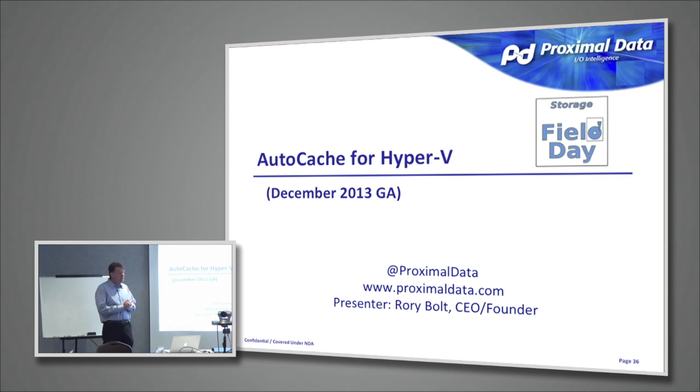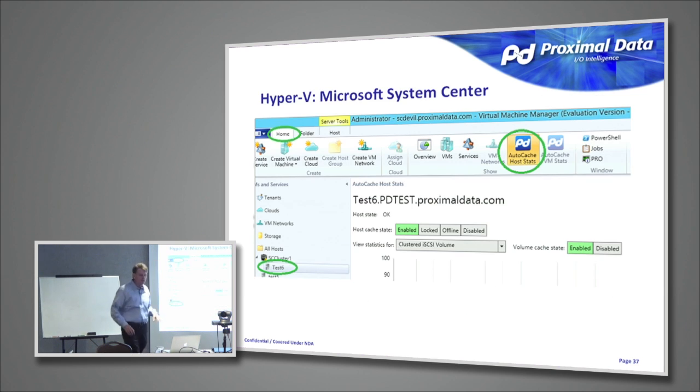Okay, so at VMworld this year we announced a Hyper-V product, and we are expecting December GA on this. And you may not be as familiar with Hyper-V and the virtual machine manager within Microsoft System Center.